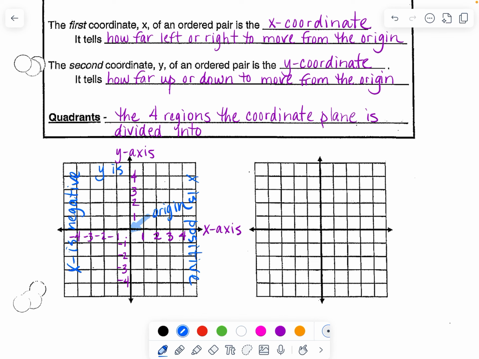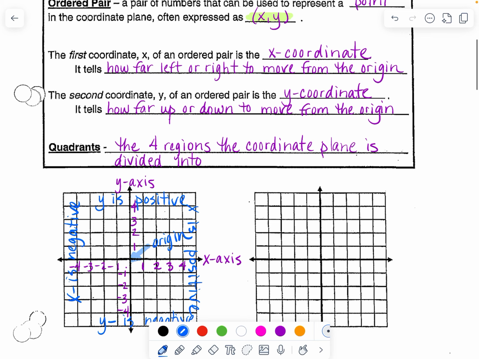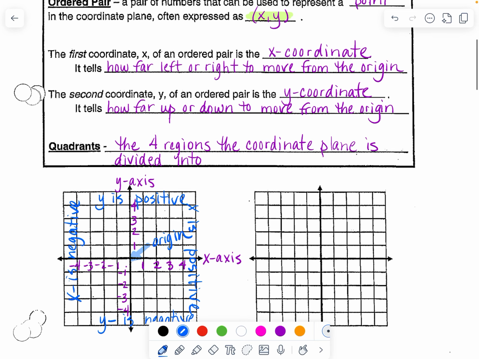Y is positive if you move up away from the origin, and your y value is negative if you move below the origin. So in a few minutes, we are going to state the coordinates of some points that have been plotted for us, and we want to be able to get the signs of the numbers right. So that's why we're discussing where the origin is and where the numbers become positive versus negative.